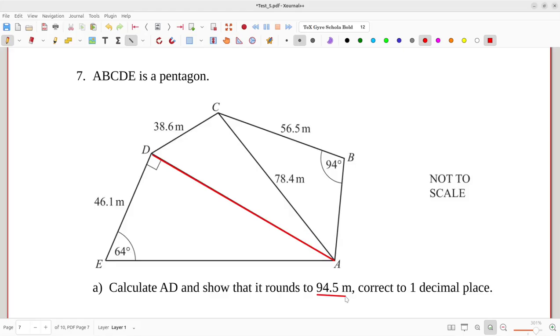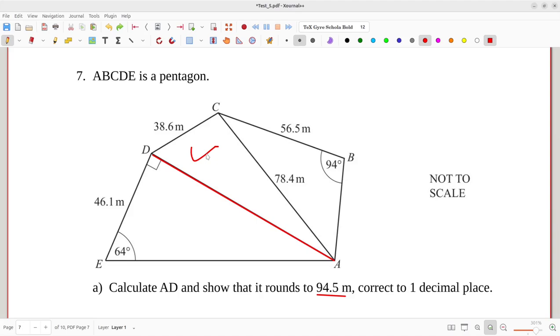Now let's check, AD is in 2 triangles. There is this triangle up here, and there is this other triangle down there. From the first triangle, we can see we've got 2 sides and this side AD.